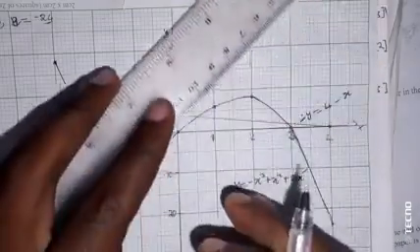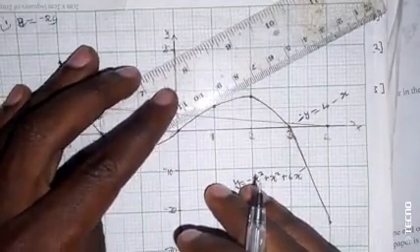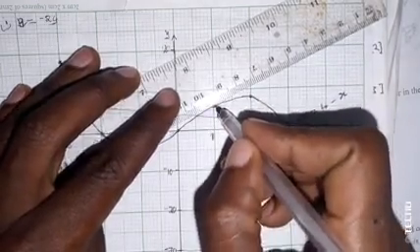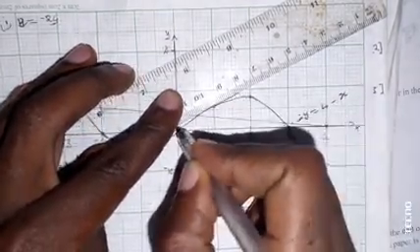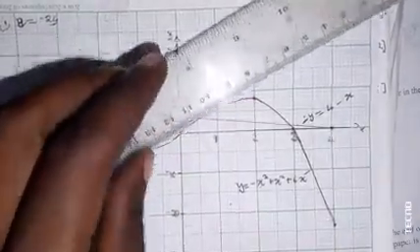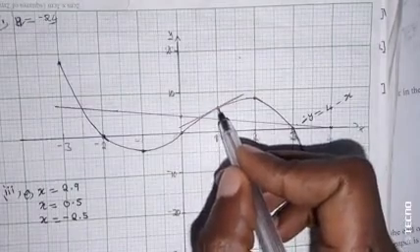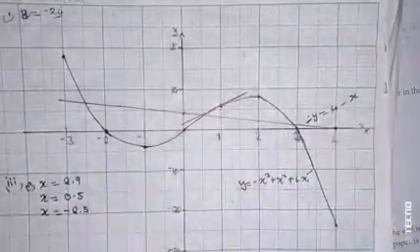A tangent line is a line that touches the curve at just one point. So it will be like this, and then we draw like this. This is my tangent line, which is touching this curve at this point.